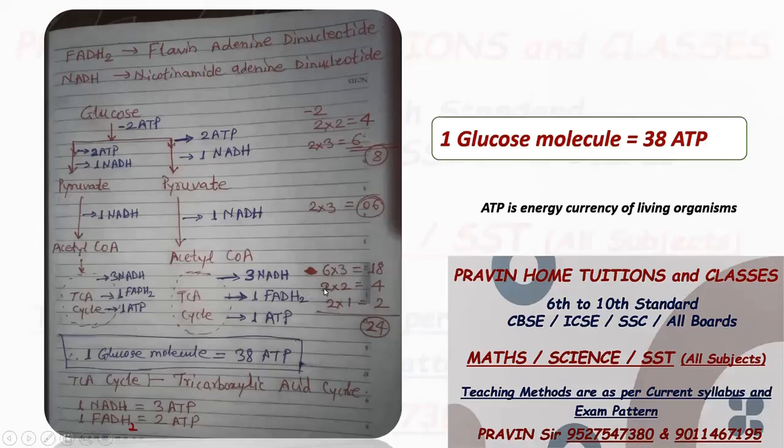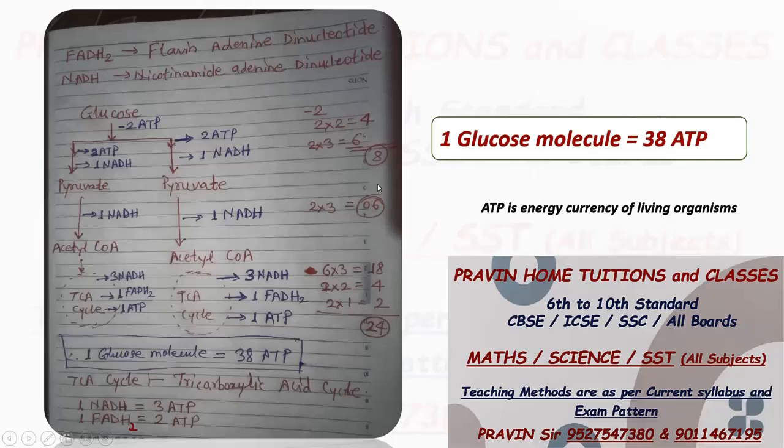So 1 plus 1, 2 into 1 FADH2 is equal to 2 ATP. So 2 into 2, 4. And 1 ATP is generated here, 1 ATP generated here. So 2 into 1 is equal to 2. That is 18 plus 4 plus 2, 24.